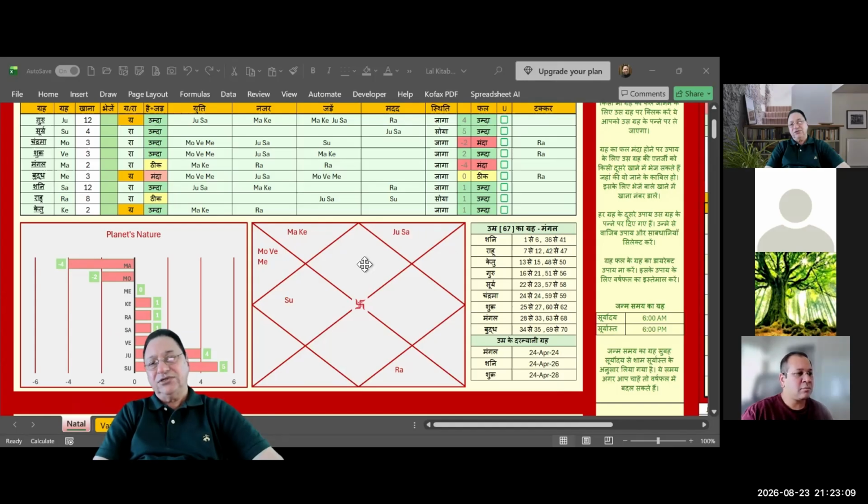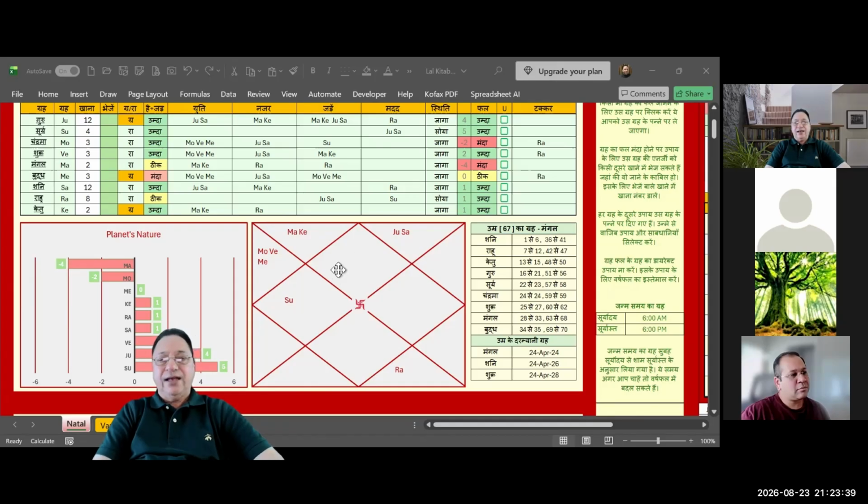So there are 12 houses and there are 9 planets. Based on your date of birth, time, and place, when you fill in this information in any online app like AstroSage, you will quickly get this kind of chart where you can know which planet is placed in which house. कौन सा planet कौन से घर में बैठा हुआ है, right?